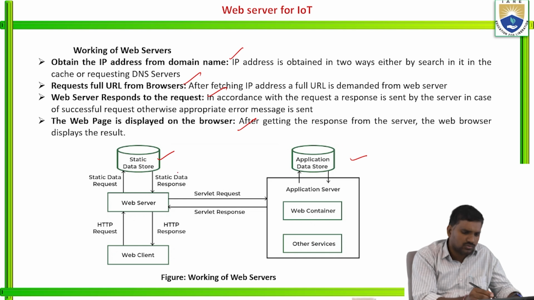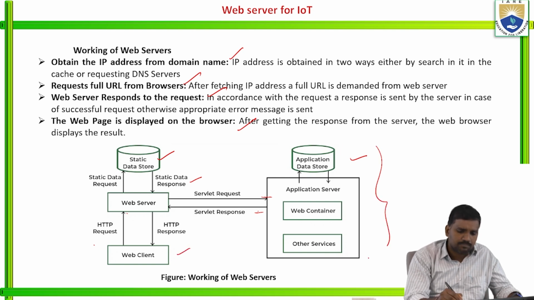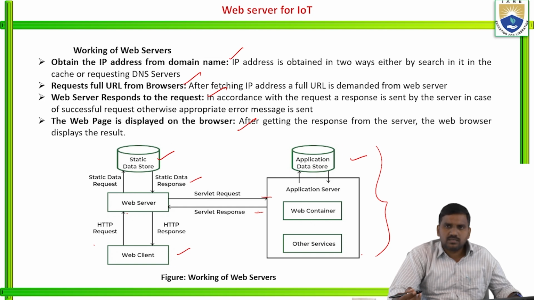In static data store, we have static data request and static data response on the web server, then the service request to the application server and service response, both based on HTTP, the hypertext transfer protocol. This is the block diagram of the working of a web server.